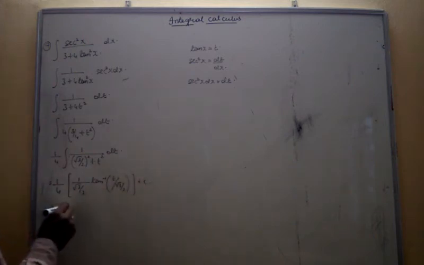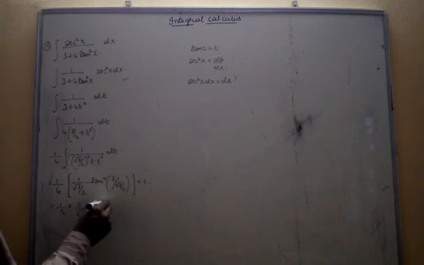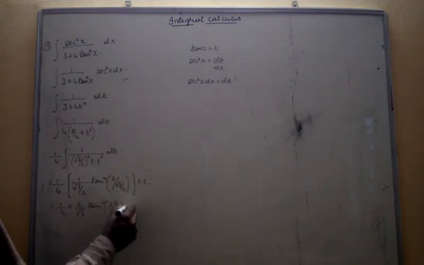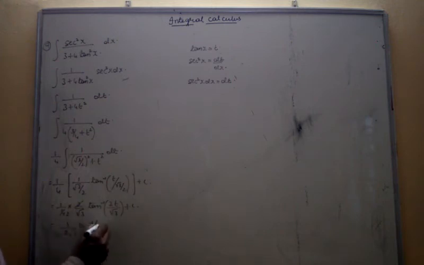Then 1 by 4 into 2 by root 3 tan inverse of 2t by root 3 plus c. Again, the t value is tan x, so 1 by 2 root 3 tan inverse of 2 tan x by root 3 plus c.